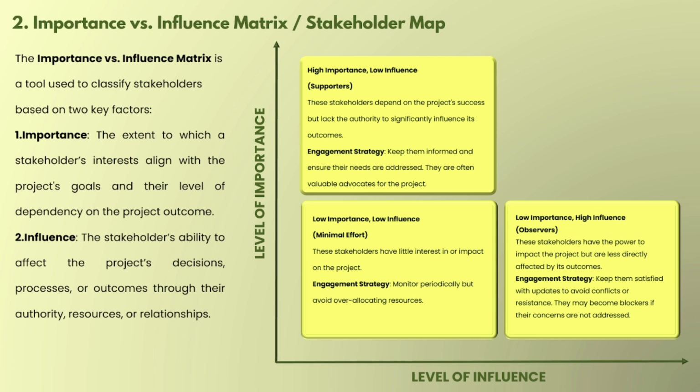That's why they have high importance, because we are creating the software for these end users, but their influence is very low. The engagement strategy for such stakeholders is to keep them informed and ensure their needs are addressed. They are often valuable advocates for the project, meaning they always promote the project, but they have low influence.